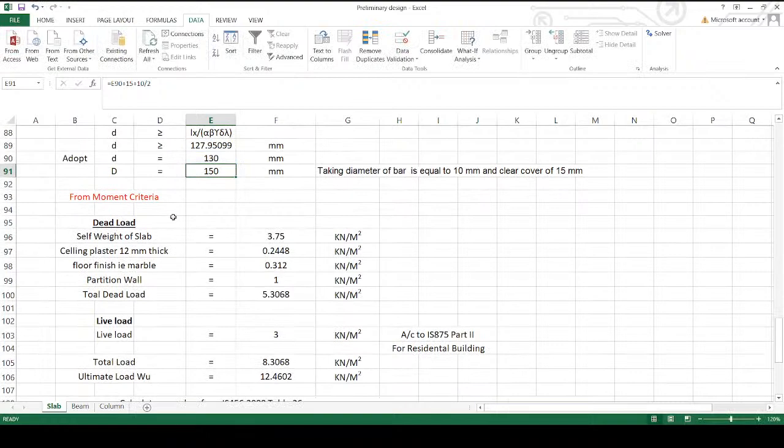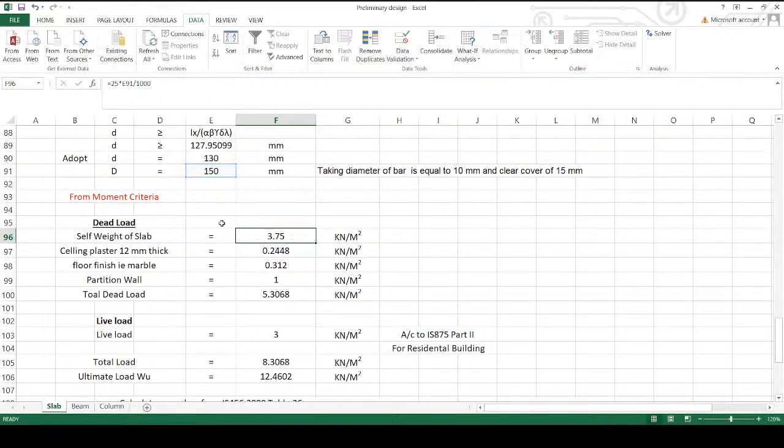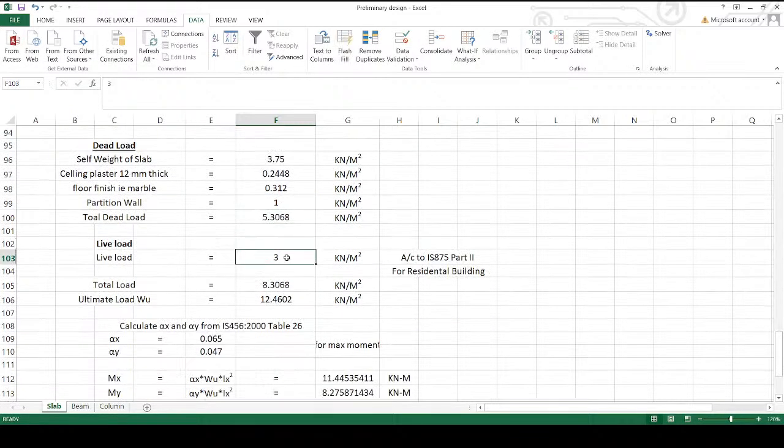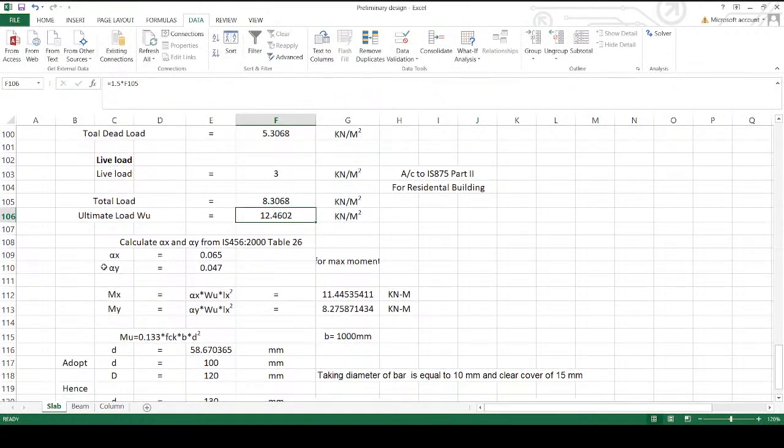And in the moment criteria, self weight is 25 into D, and 20.4 into 12 mm thickness, and 26 into 12 mm thickness, and that is the summation of this load, and live load is 3, and total load is equal to 8.306, that is dead load plus live load, and 1.5 times total load. Alpha, beta we calculate from table 26 for the maximum moment.